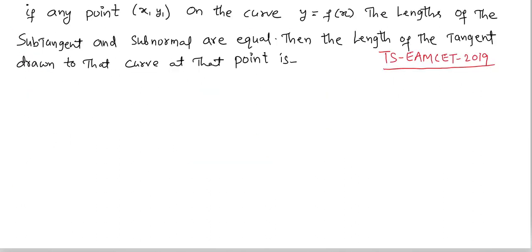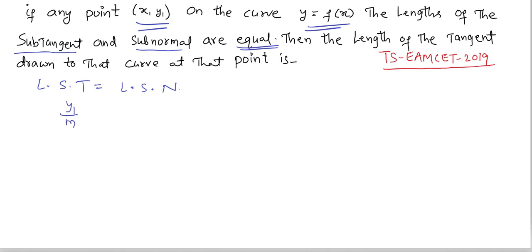If at any point (x1, y1) on the curve y = f(x), the length of the subtangent and subnormal are equal, then find the length of the tangent drawn to that curve at that point. This is a TSM set 2019 question. Given the length of the subtangent equals the length of the subnormal.